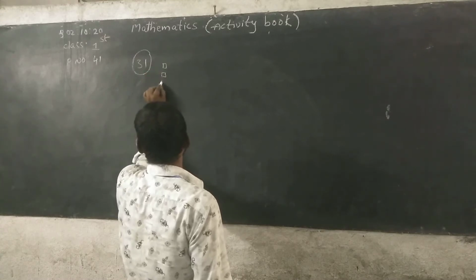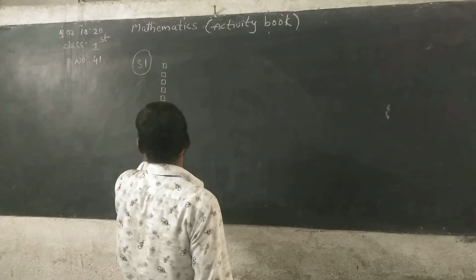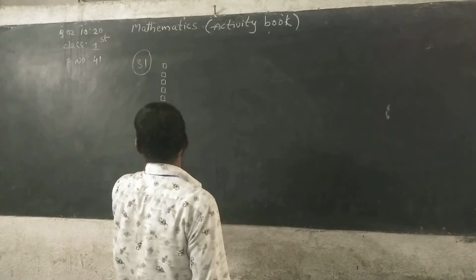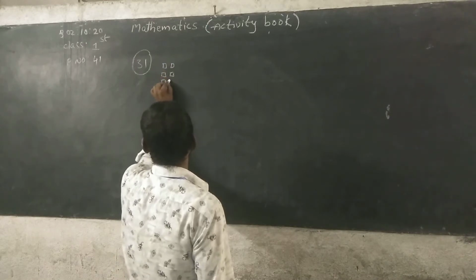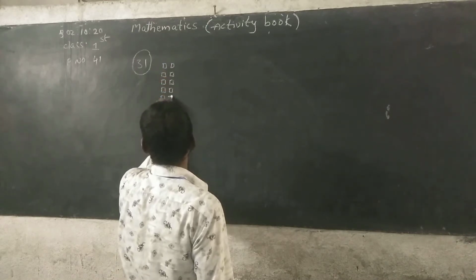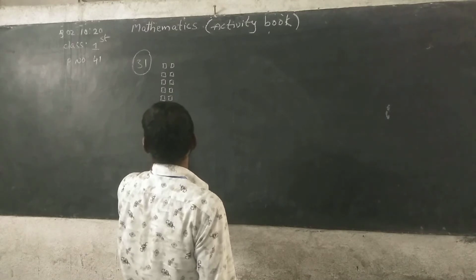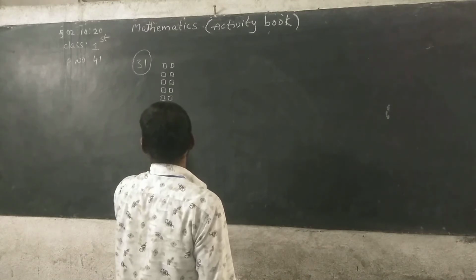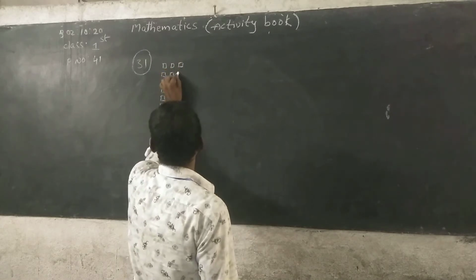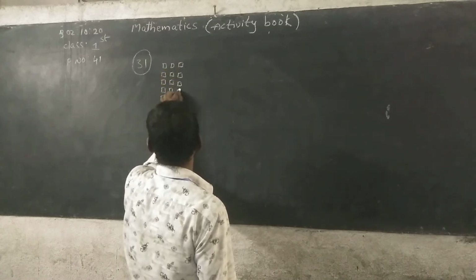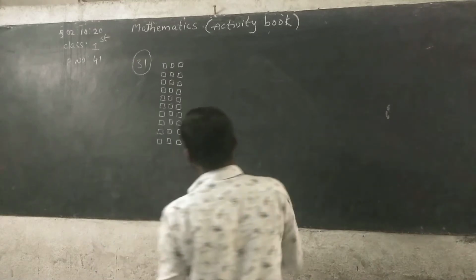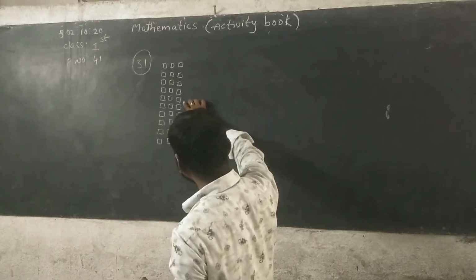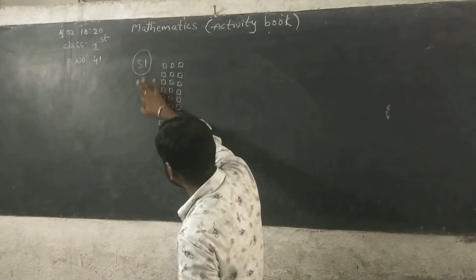1, 2, 3, 4, 5, 6, 7, 8, 9, 10. So 10 boxes make a pile, which means these are the tens place.